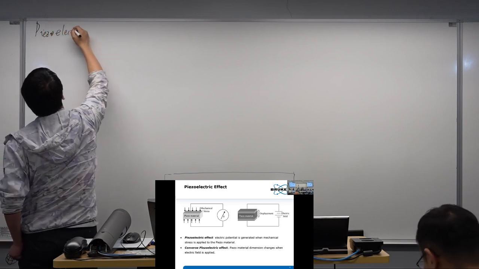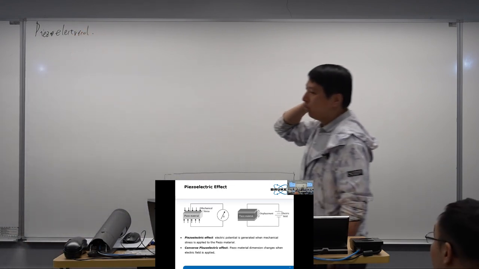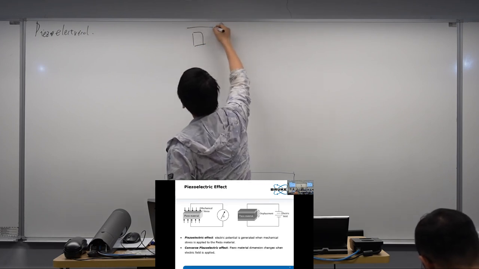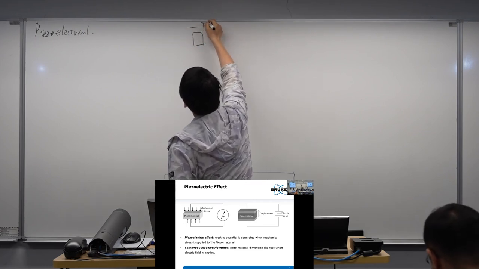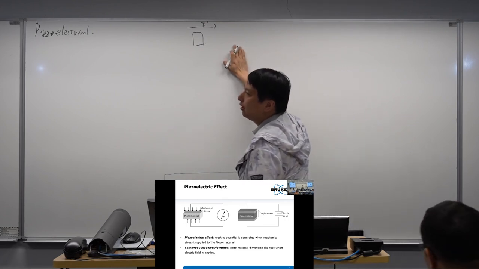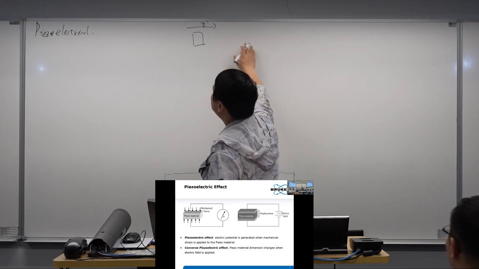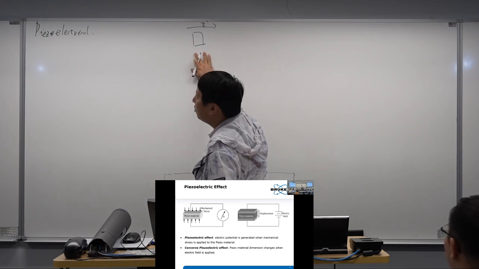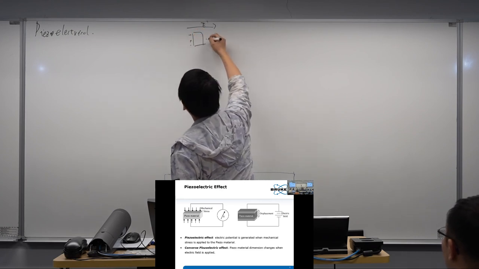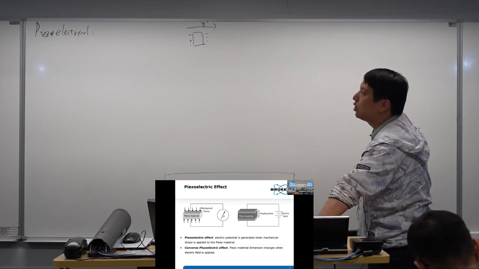Piezoelectric. Yesterday we described that once we have a material, if we place it in the electric field, this material will be polarized. The polarization or polarized means this material has two poles. One side is positive charge, another side is negative charge.